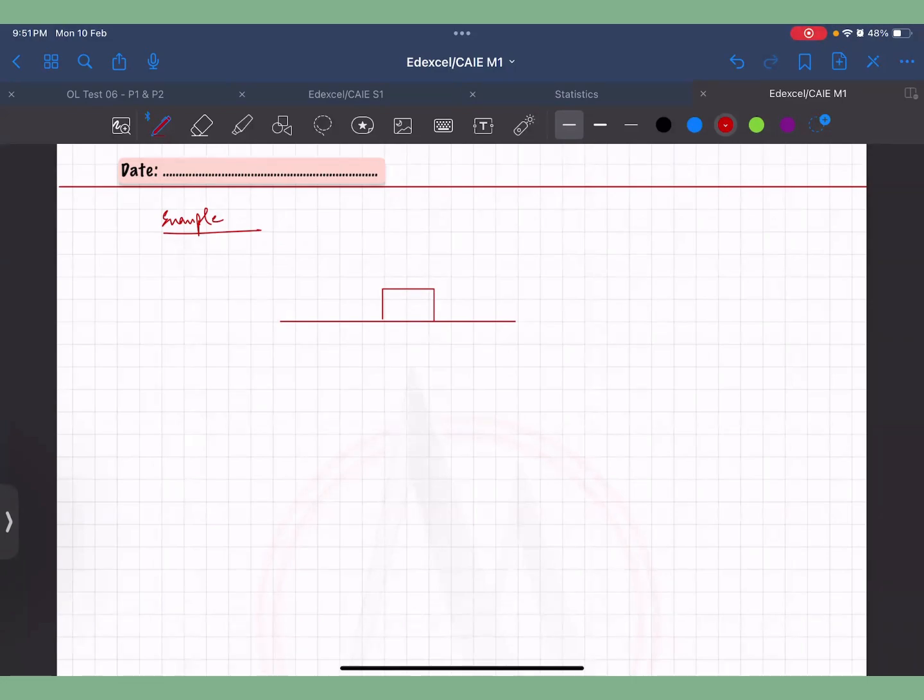Okay, let's suppose it is of 2 kg and there's a force to the left side. Let's suppose it is 14 Newton. And the coefficient of friction, let's suppose I don't know.